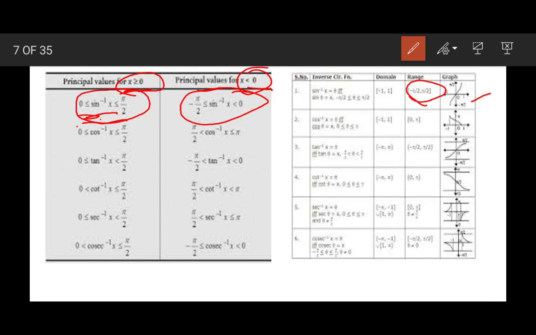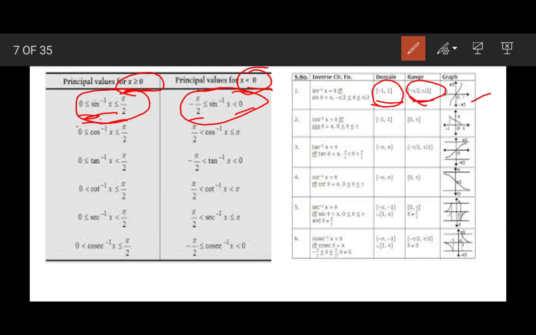So the domain is minus 1 and 1. Similarly, when the angle is minus pi by 2, then the value is minus 1. When the angle is 0, the value is 0. So the domain is minus 1 to 1 and the range is minus pi by 2 to pi by 2.